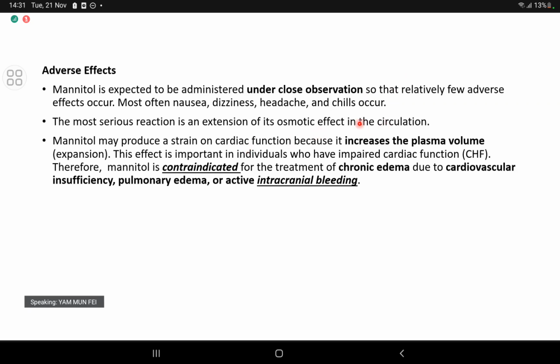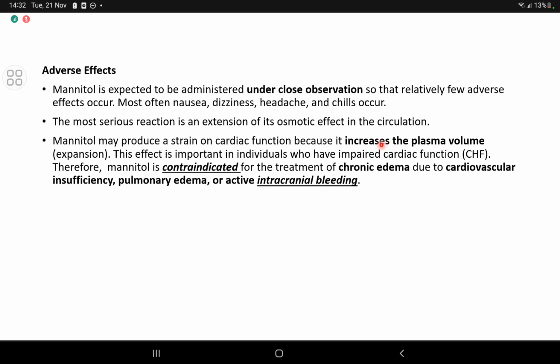Another thing, if the patient has a cardiac function disorder, bear in mind that these drugs are going to increase the plasma volume. So sometimes they are contraindicated in the treatment of cardiovascular insufficiency. Because they increase plasma volume, meaning your blood volume is going to increase.